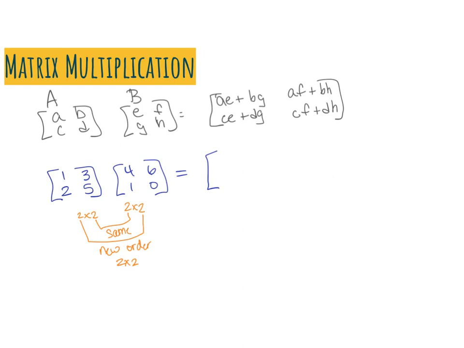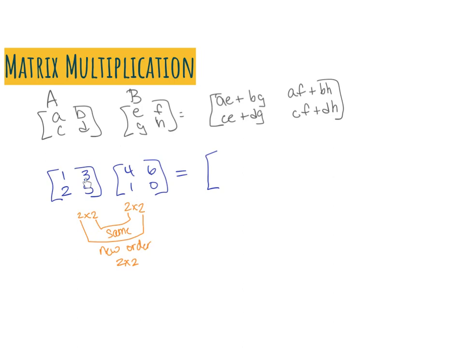We're going to start by finding our first entry, which would be row 1, column 1. Ultimately, we are going to look at row 1 of our first matrix, and multiply those corresponding parts to the first column of the second matrix. So you multiply the corresponding parts and then add those together. 1 is going to correspond to 4 because they're both in the quote-unquote first position.